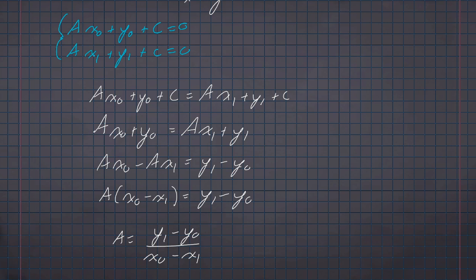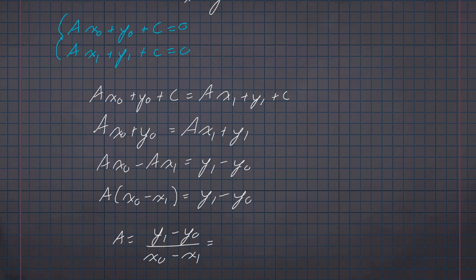And we get that a is y1 minus y0 over x0 minus x1. Well, that's almost what we were looking for, but not quite. So let's fix that by noticing that if you switch the order of subtraction, it takes the opposite of the expression.